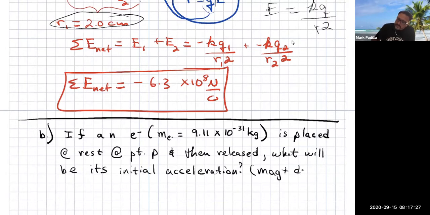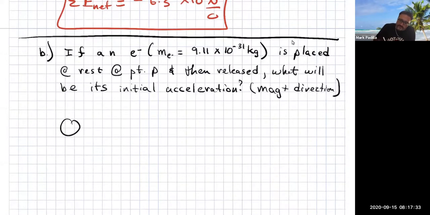Magnitude plus direction. So here's my negative charge, here's my positive charge, and there was my point P. And I'm going to put an electron right there.